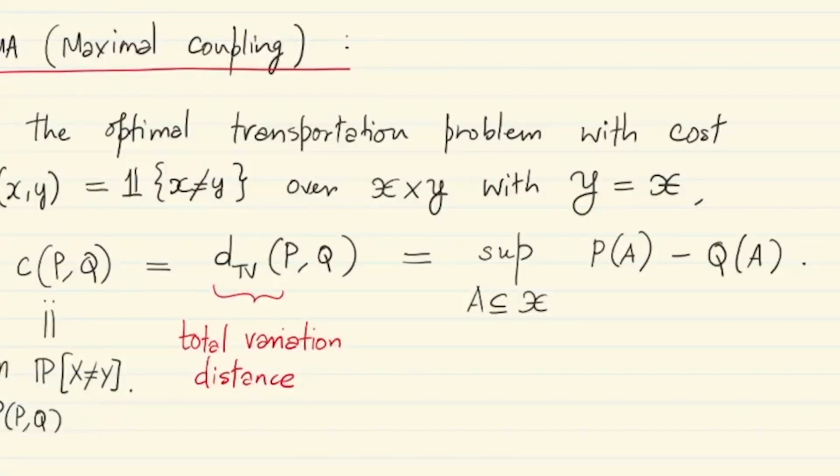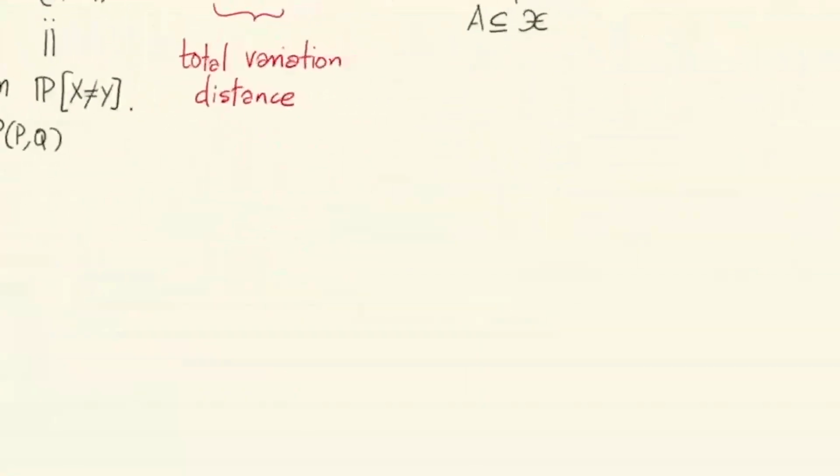In fact, the name maximal coupling arises, as we will see in the proof of the lemma, by explicitly constructing a coupling between P and Q that achieves dTV, the total variation distance. Okay, so let's move on to the proof, which is a rather elegant proof.